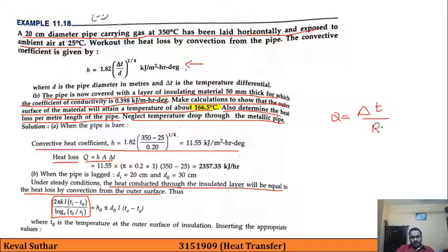This is our equation taken from the steady state heat conduction. So delta T divided by 1 upon 2 pi KL ln Ro upon Ri. Now this is hA delta T as usual.